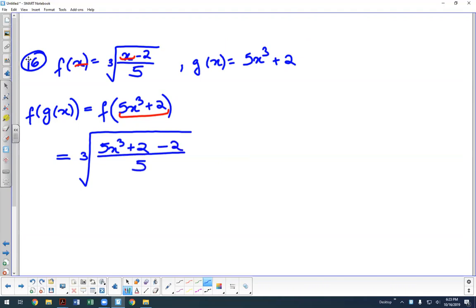So this is actually very similar to what we just did, with the exception you have now a cube root on the top, which means again your plus 2 and minus 2 will cancel out first. You will then have just the 5x to the third divided by 5 left behind. Now that I have just the two terms, I can actually cancel out the 5's. And you can see at this point we have cube root with x to the third.